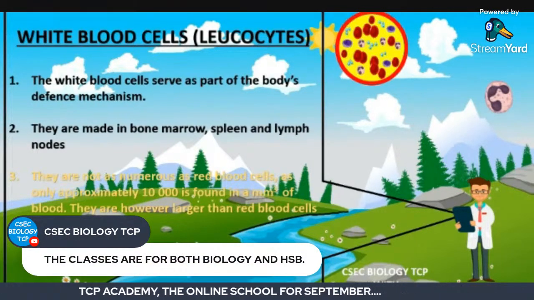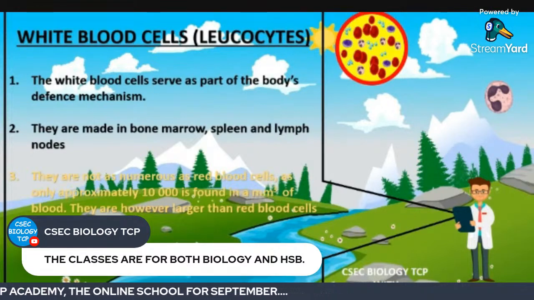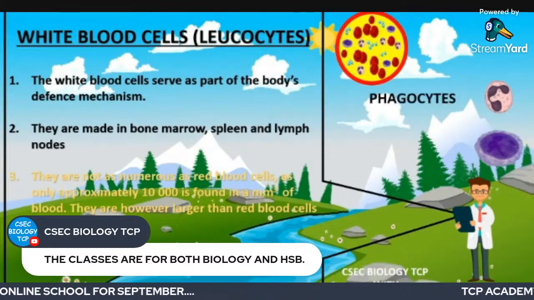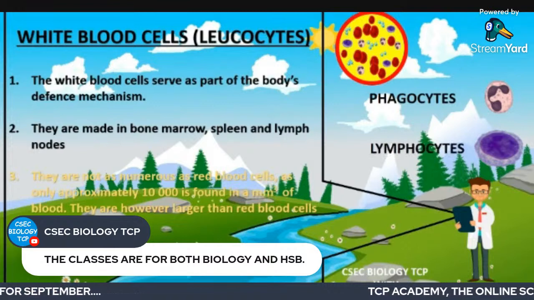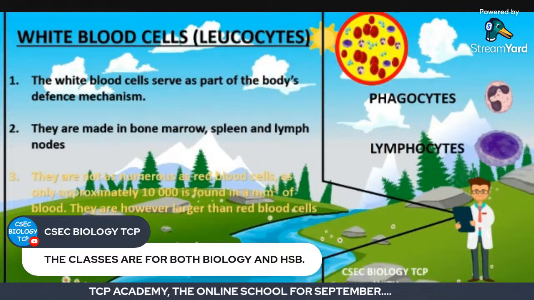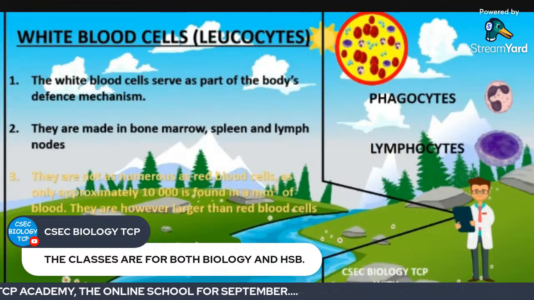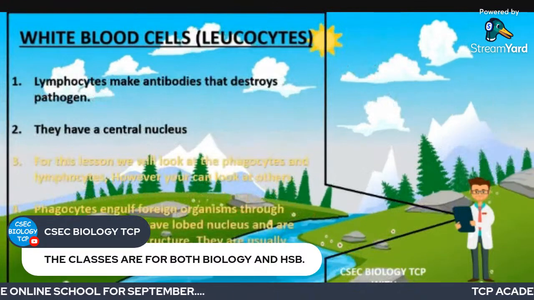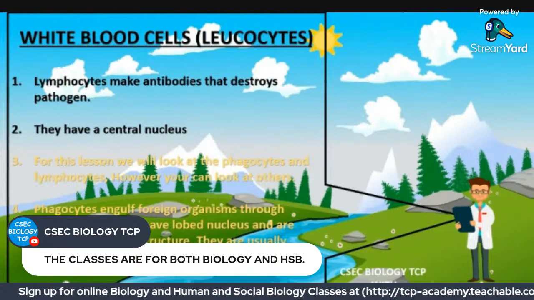There we have it, the phagocyte, a type of white blood cell. The lymphocyte, another type of white blood cell, and we must be reminded that these are not the only types of white blood cells, but of course, you'll continue the research.